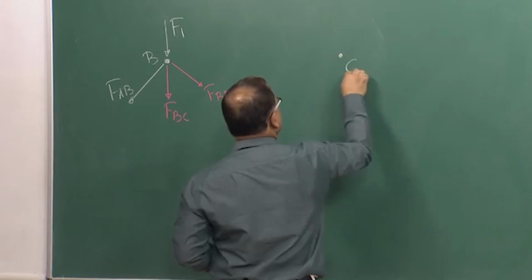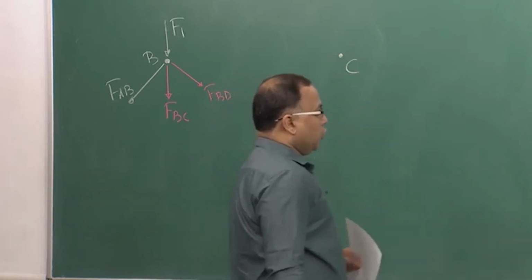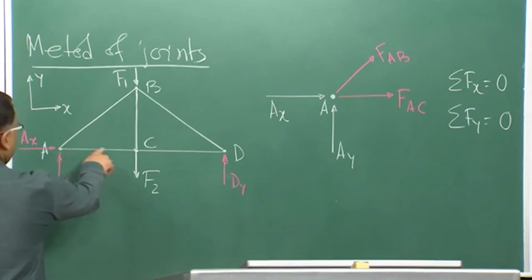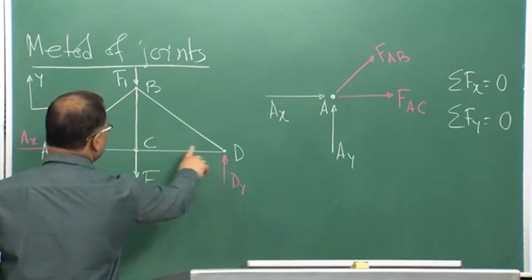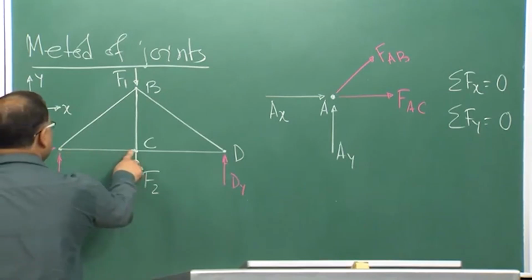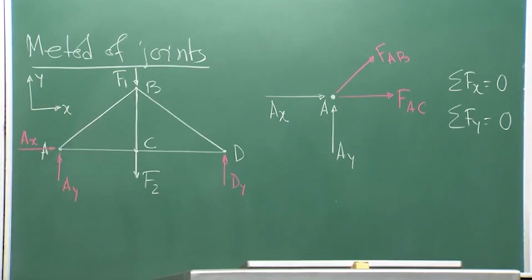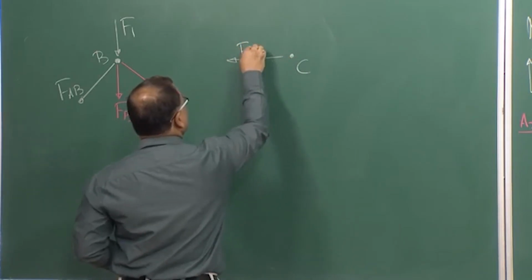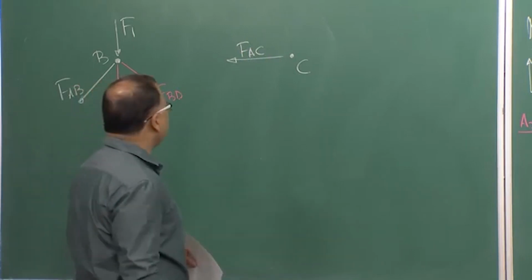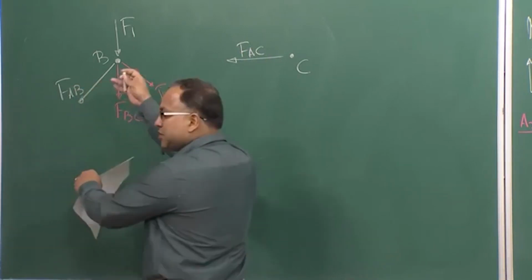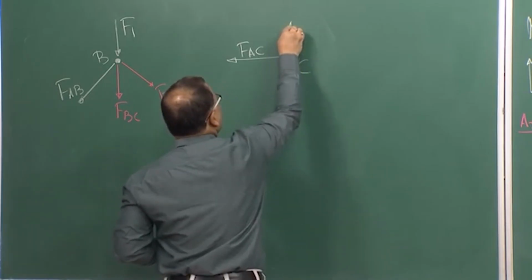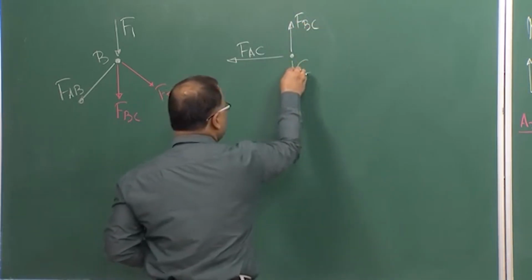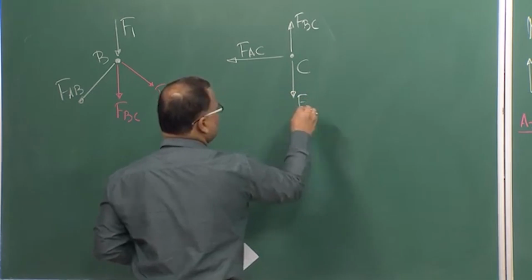This is my joint C. So, at joint C, what member forces are acting? Member AC, member BC, member CD. Now, member AC is known to me when I consider joint A. Member BC is also known to me because I just considered joint B. And this is the externally applied force, which is of course known to you.